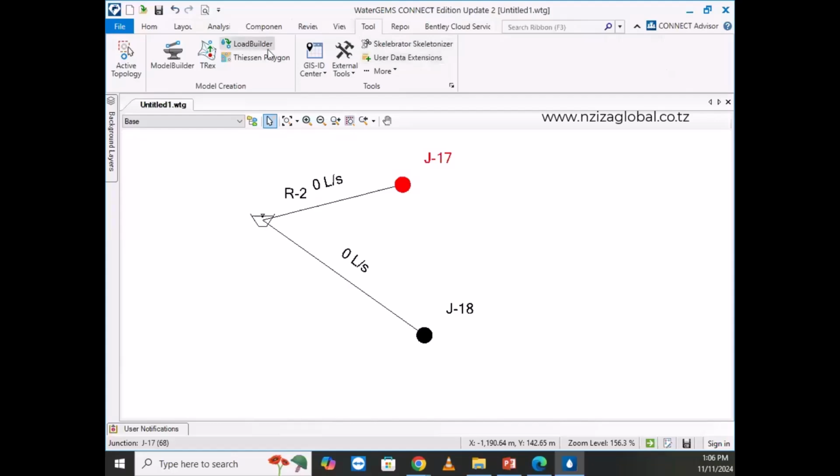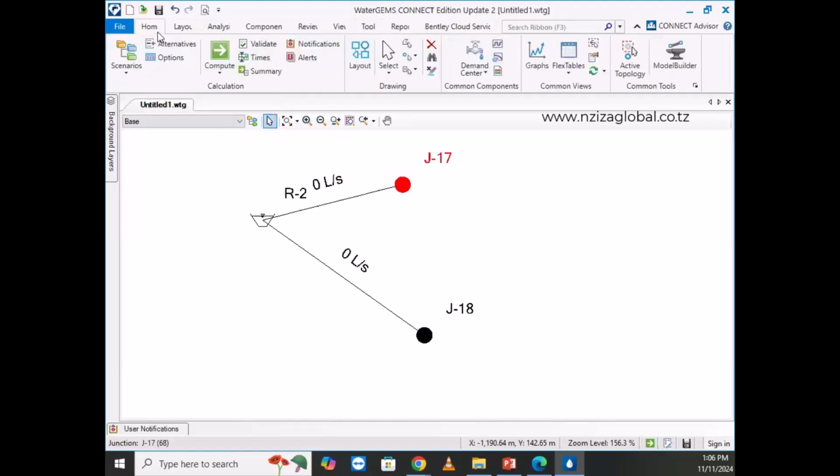So someone has asked me about the units. The problem is that we are not all together. Yeah, some are not together. So the units, you go to tools.